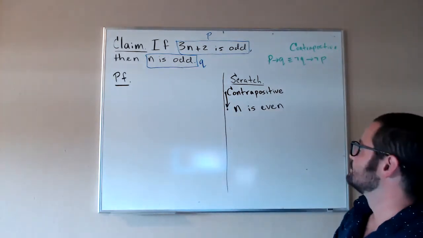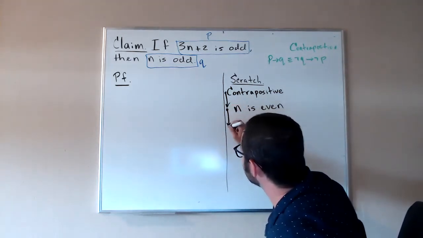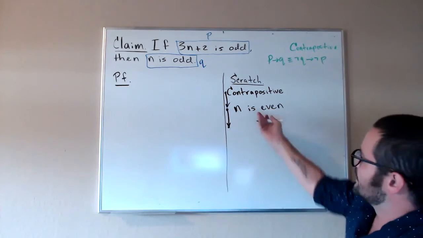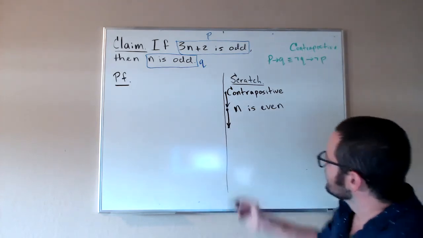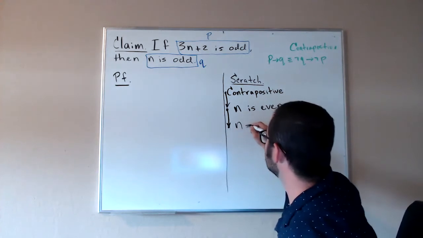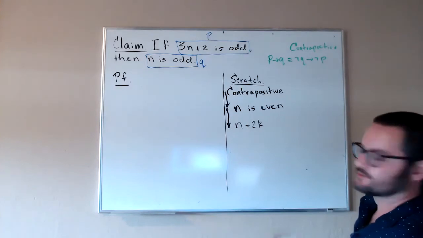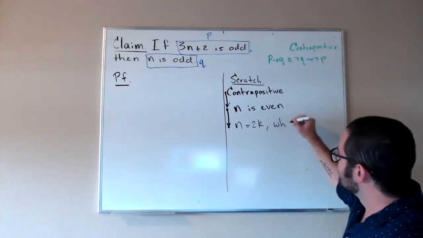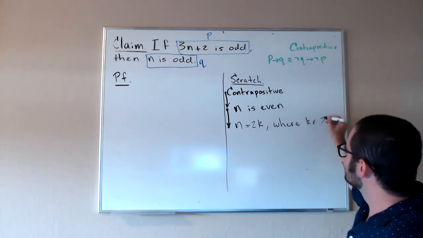That's what we assume. Then, as before, as soon as we make any type of assumption, as soon as we declare that n is even, we can use a definition. So n must be equal to 2 times an integer, where k is an integer.